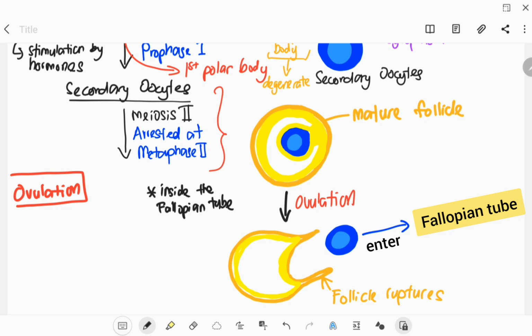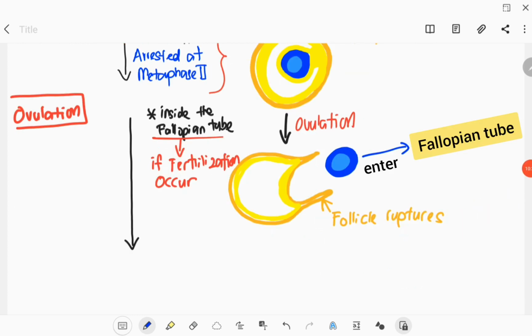So once the follicle matures and inside the follicle tu ada secondary oocyte yang sudah masuk meiosis 2 tetapi stop at metaphase 2, secondary oocyte tu akan keluar from the follicle and then keluar from the ovary untuk masuk ke dalam fallopian tube. So itu adalah ovulation.